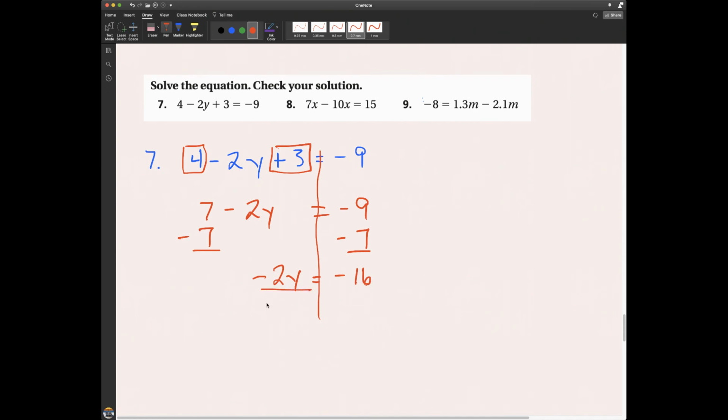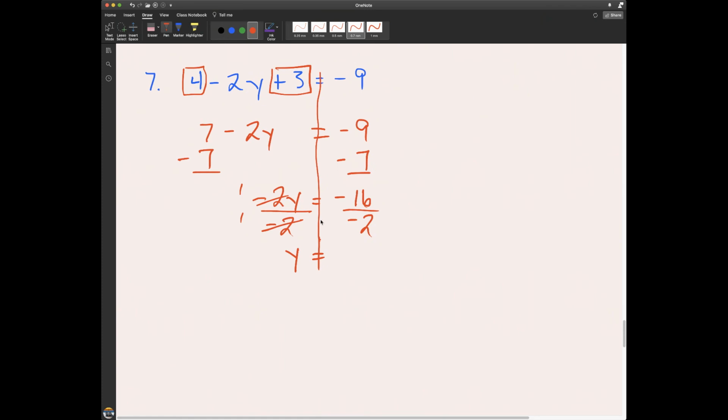Now what do I do? I divide both sides by negative 2. And the negative 2's cancel here on the left-hand side. And I'm left with, on the right-hand side, negative 16 divided by negative 2, which is 8.